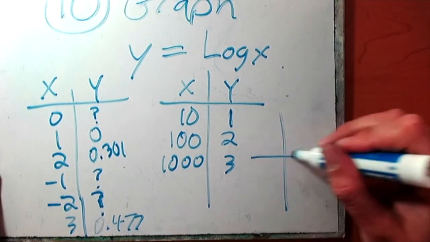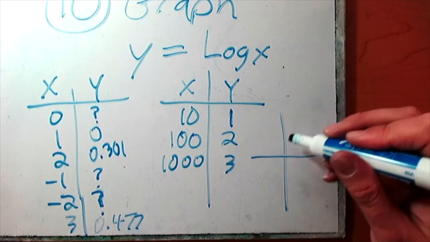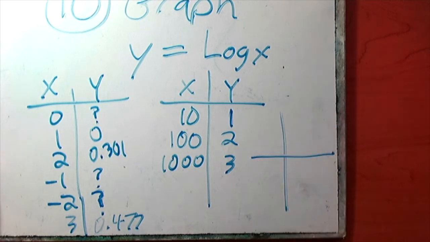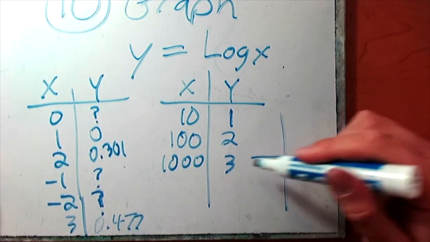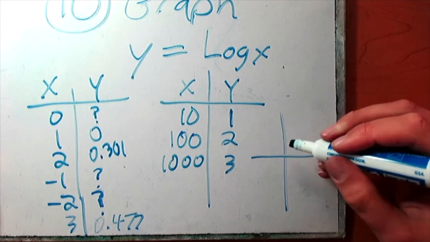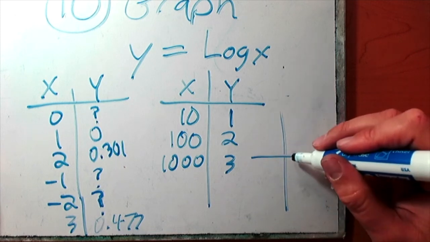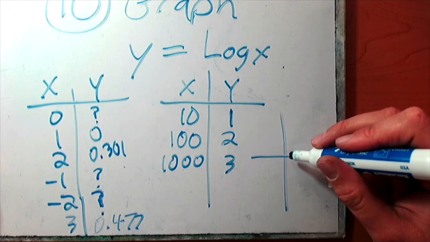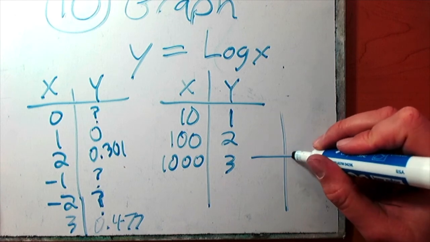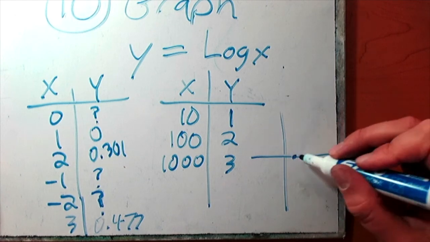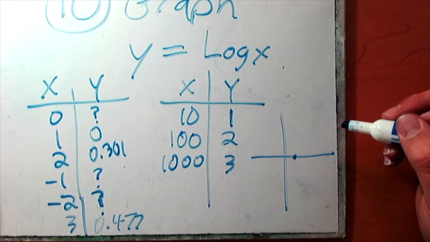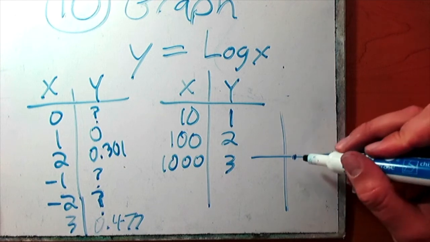So I've got a graph. This 0 doesn't make sense. When x is on this negative side, it doesn't make sense. But let's say when x equaled 1, y equaled 0. So here, it seems like that's a point on the graph. X is 1, y is 0.